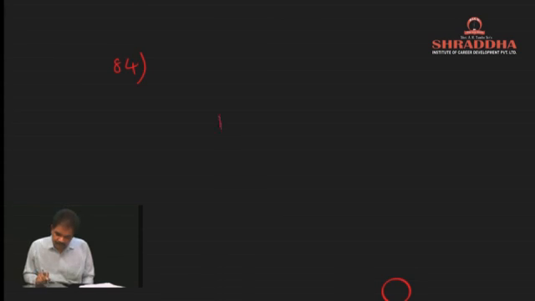Here two wires are there. This is the longer wire. Its length is 8 centimeter. Its diameter they have given as 2 mm.